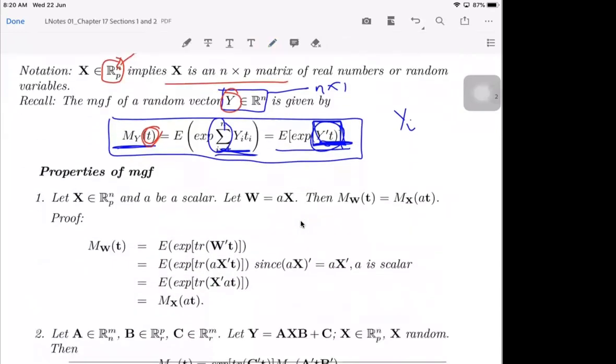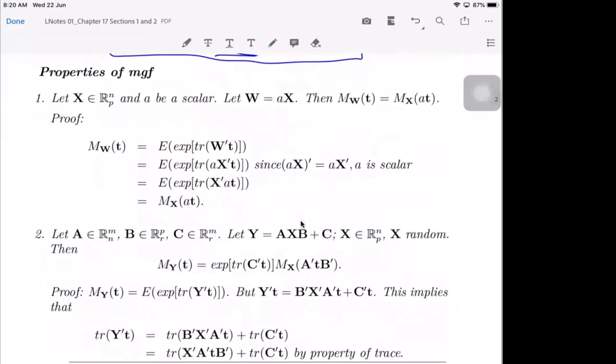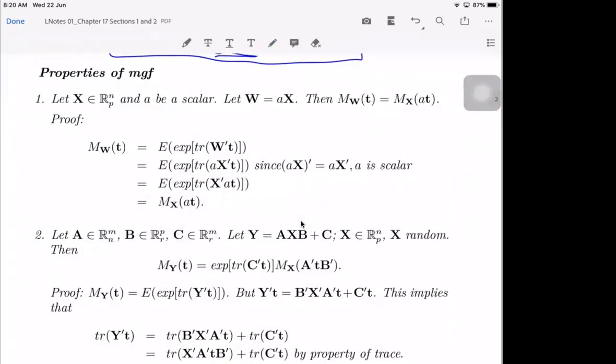Okay, so some properties of your moment generating function. Here we do some variable transformation. This should be familiar to you.